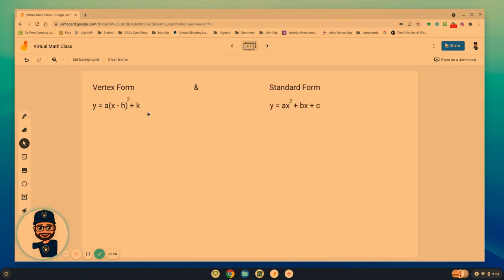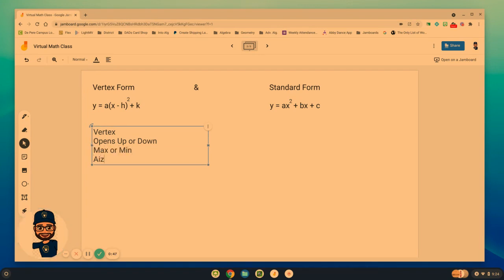So again, we've been working with these two forms quite a bit for the last week now, vertex form and standard form. And as we mentioned yesterday, vertex form really helps us with the vertex. It tells us if it opens up or down, if we have a max or minimum value.